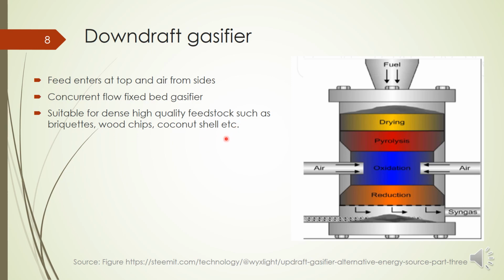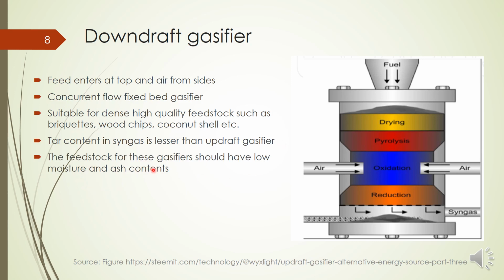In the updraft gasifier we are not using such high density biomass, but downdraft gasifier is more suitable for high density biomass like briquettes, wood chips, coconut shell, etc. And another important advantage is that the tar content will be very much less compared to the updraft gasifier. In the updraft gasifier the tar formation was the main issue, but in the downdraft gasifier this tar content can be considerably reduced.